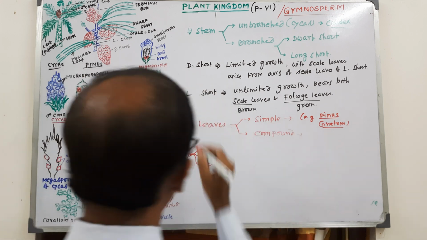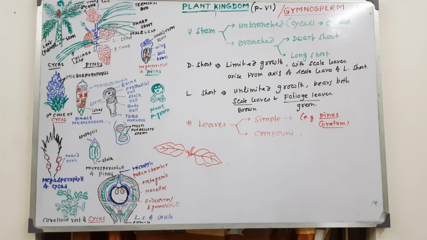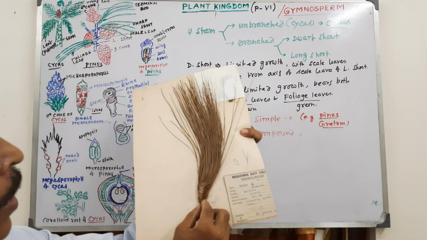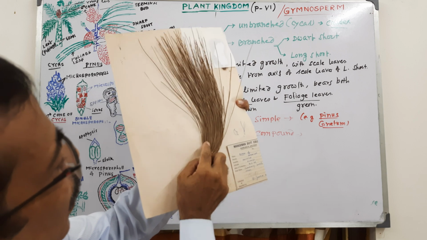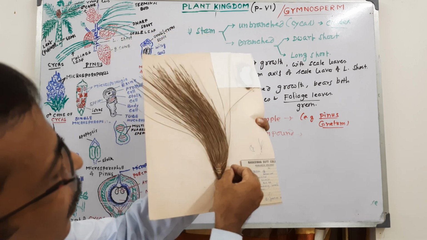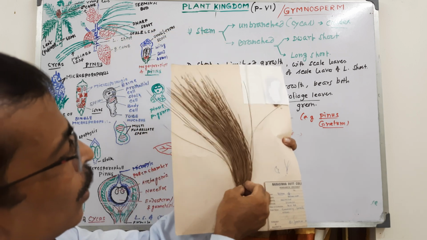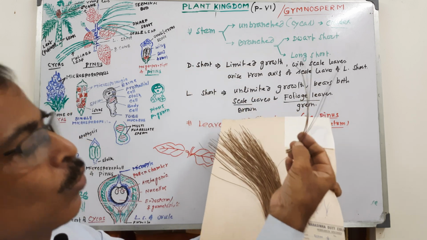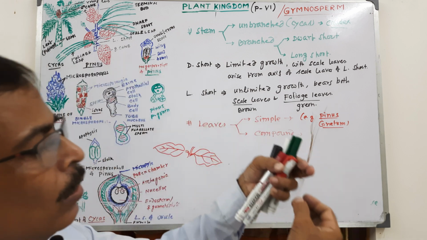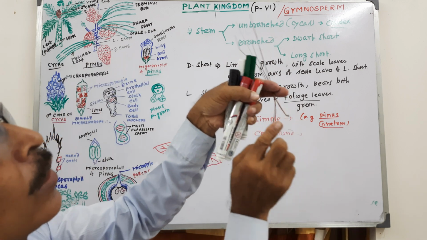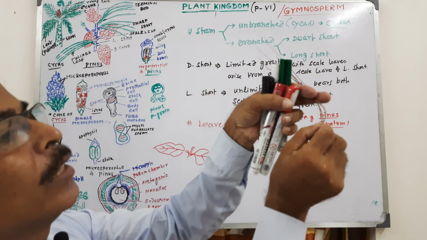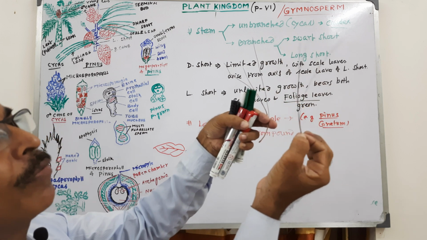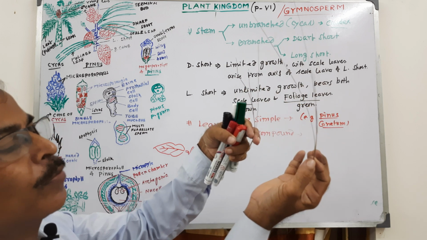In Pinus, the leaf is very simple, narrow. Look here, this is the Pinus leaf, this is the long shoot, this is the apex, and this is the dwarf shoot. In the dwarf shoot there is a small scale and it terminates with 3 to 5 narrow foliage leaves.